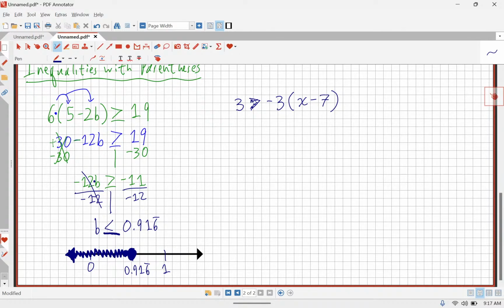Are you distributing -3? Yes, that would be it. And then don't forget the -3 times the -7. Very good.